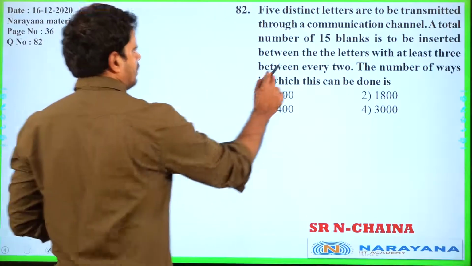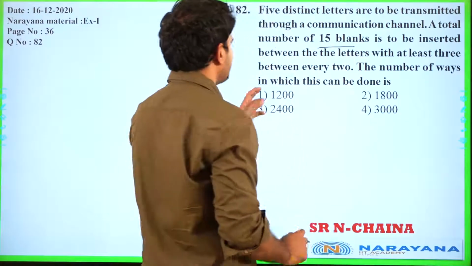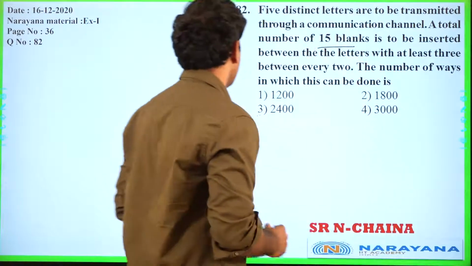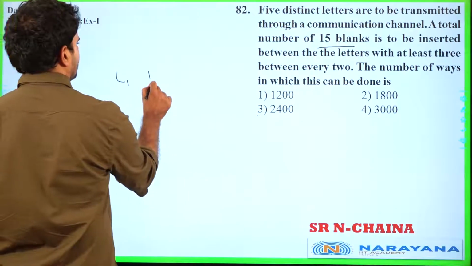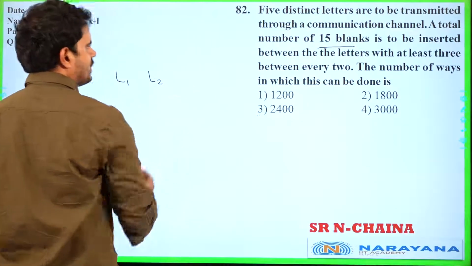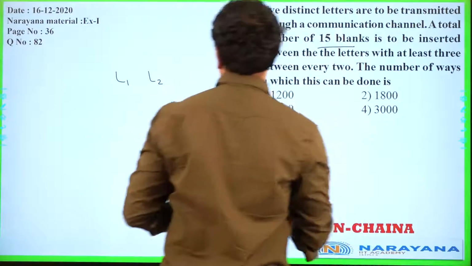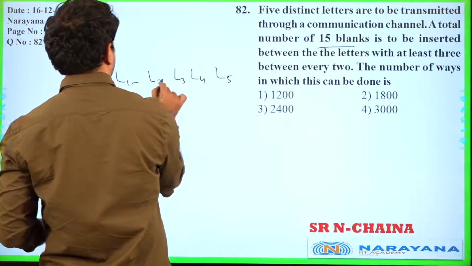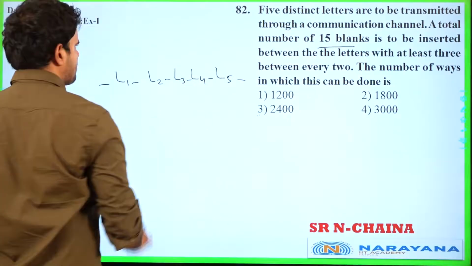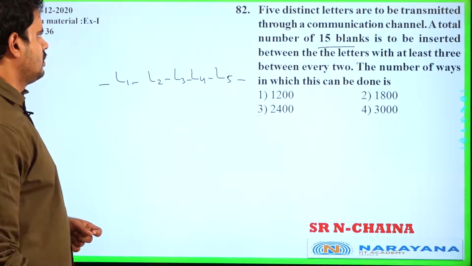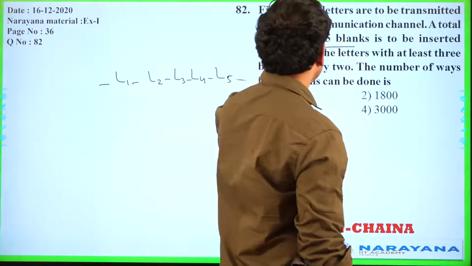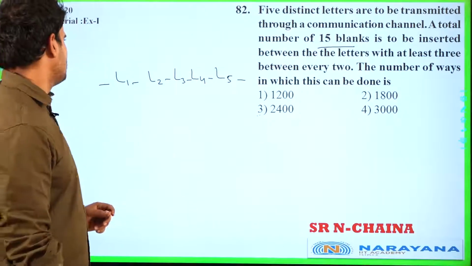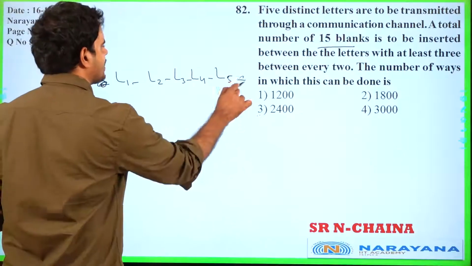A total number of 15 blanks to be inserted between the letters with at least 3. So we have letter 1, letter 2, and so on. How many letters, people? 5 letters. Letter 4 and letter 5. So these were the blanks, gaps, people. At least 3, so I can't take this place, I can't take this place.